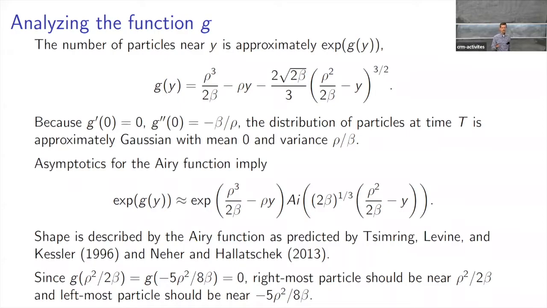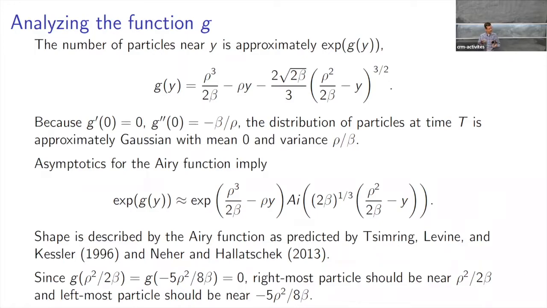Now, one can also use asymptotics for the Airy function to see that e to the g of y is approximately given by this exponential times this Airy function. And so this tells us that if we look a little bit beyond a small neighborhood of the origin, then the shape of the number of particles located at y is well described by the Airy function.